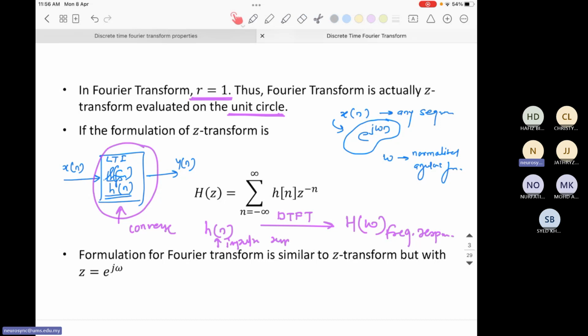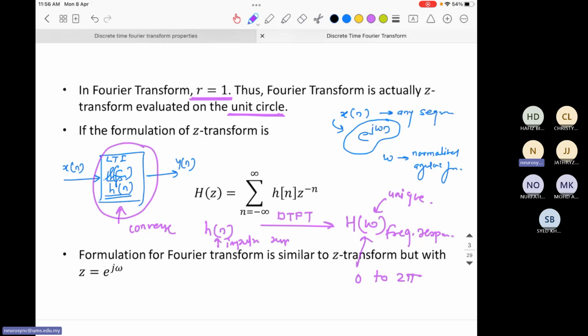Okay, so there is a possibility to reconstruct this h of n from its projection H of omega. Now, this omega is nothing but what? This omega is a unique space. This is unique. Okay, and we have already seen in the previous lecture that omega will vary from 0 to 2 pi.